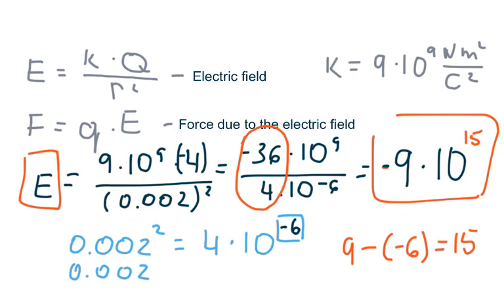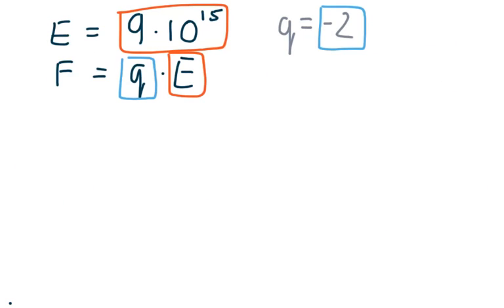The next thing we're going to do is calculate the force that is due to the electric field on the charge of negative 2 coulombs. We have the equation right here for the force, and it's a very simple equation. We just need the electric field that we just calculated times the charge, which is negative 2. Very simple math.